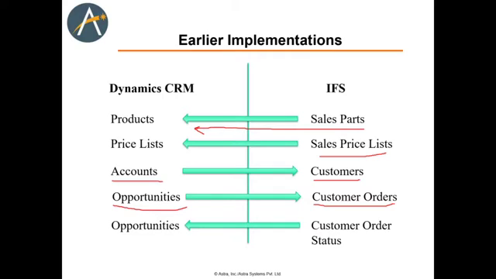Apart from synchronizing these main entities, main tables, there were a lot of others that needed to be done as well, in terms of unit of measurement and currencies. So we had to ensure that all of them are also synchronized to make this work, right?